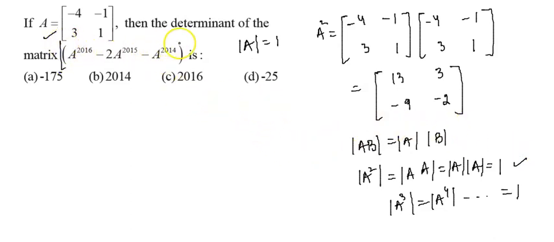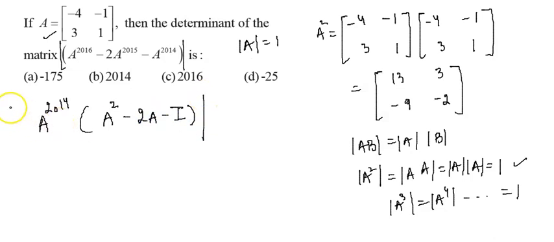If I take A to the power 2014 common out of it, it will be A square minus 2A minus I. And if I calculate determinant value of this, it will be determinant of A to the power 2014 into determinant of A square minus 2A minus I.